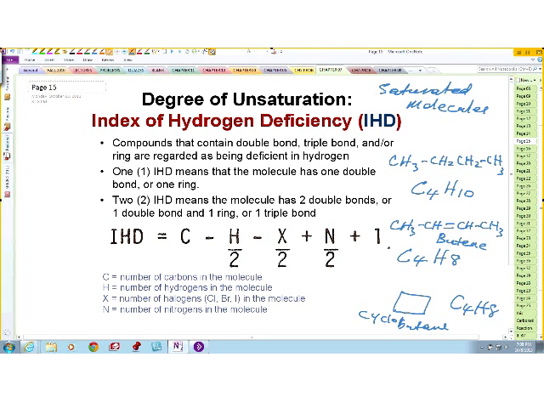That is why I call this index of hydrogen deficiency instead of degree of unsaturation. Because you cannot say cyclobutane is unsaturated. We cannot really say it is unsaturated because it does not have a carbon-carbon double bond. All of the bonds are single bonds. So therefore, we say these molecules have the index of hydrogen deficiency.